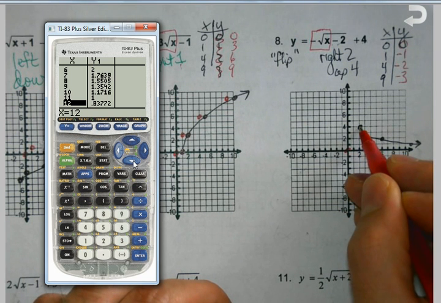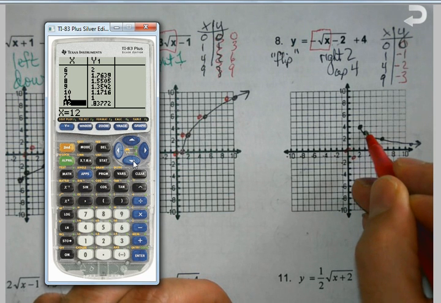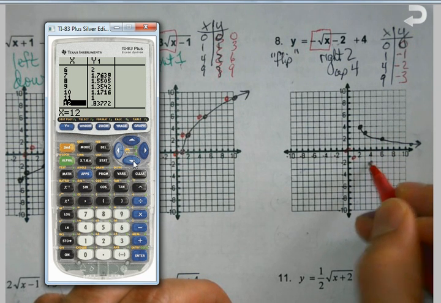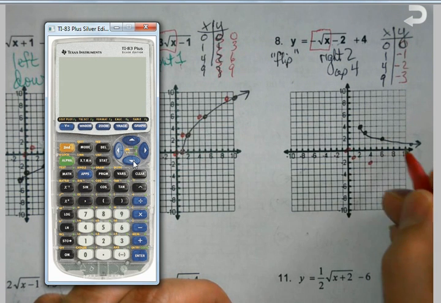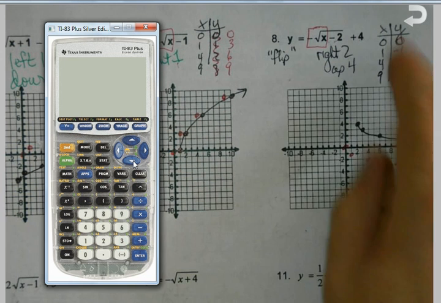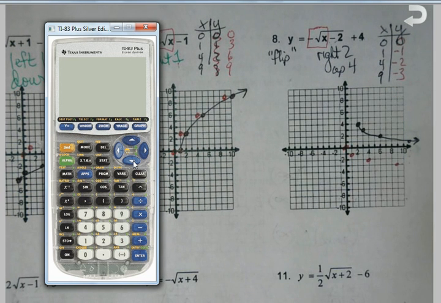Yep, there's my first point. 1, negative 1: I go right 2 and up 4. Then 9, negative 3, right 2, up 4, and get the same thing. So if you understand that concept of the mother graph, you just graph it quick with your numbers that you know are going to come out nice every time, and work it.